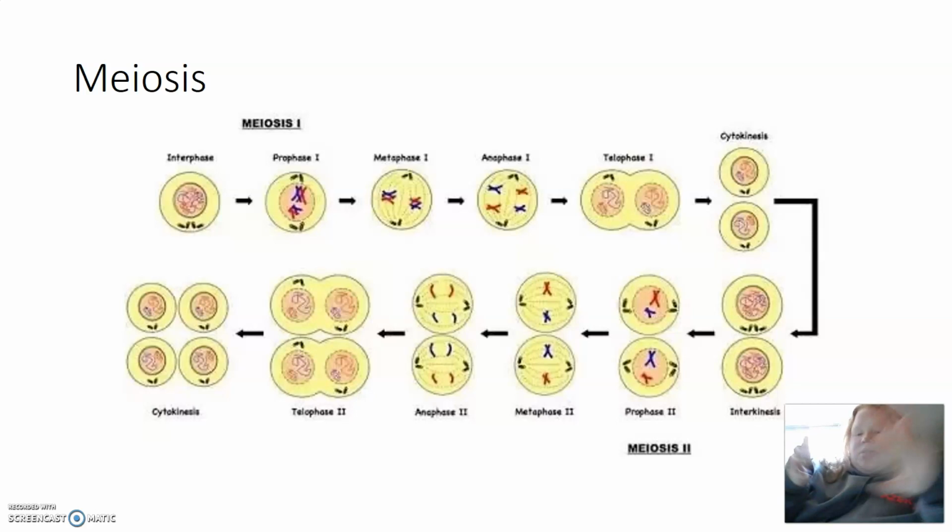And cytokinesis, you have 2 cells. So right now we got 2 daughter cells from one beginning cell. Oh no, I lost my pointer. Okay, so 1 beginning cell, 2 daughter cells. Moving on to meiosis 2. So they go through interkinesis, which is just like interphase, right?